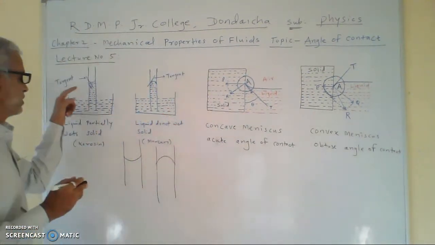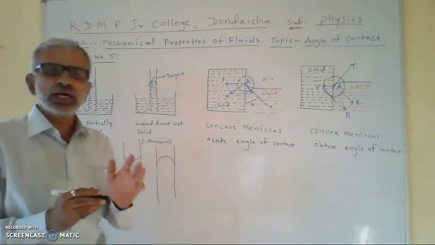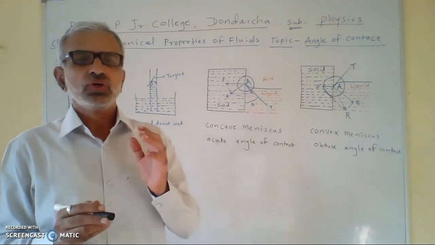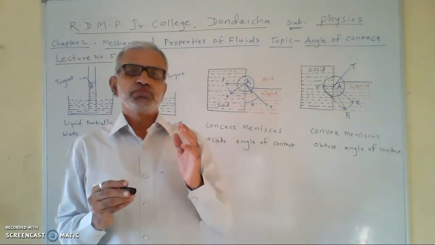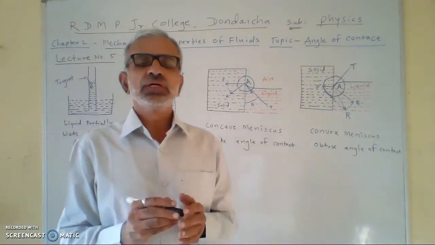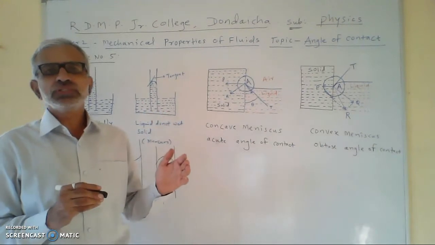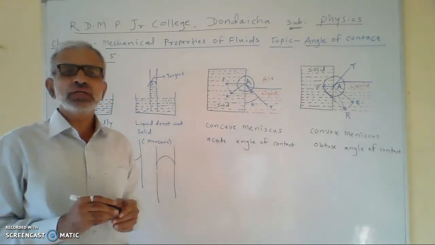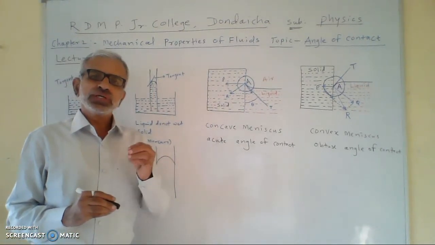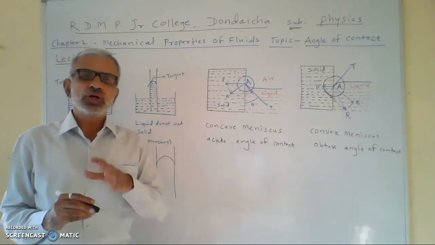So angle of contact means the angle between the tangent drawn from the liquid surface and solid surface at the point of contact, and which is measured within the liquid. It is called the angle of contact.